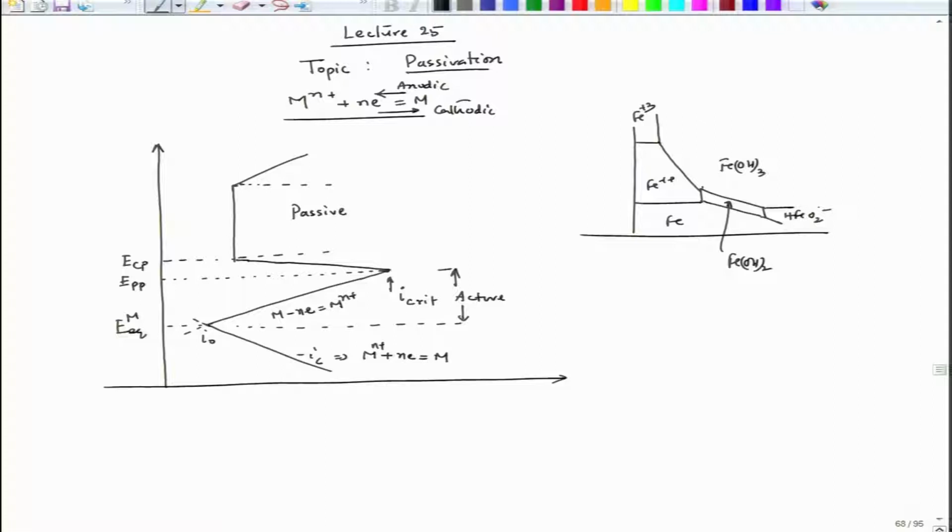In that case, we have understood why this particular line appears. If we increase the potential at a particular pH value, fine. So, this is E versus pH, and there we could see that it intersects with two reactions.